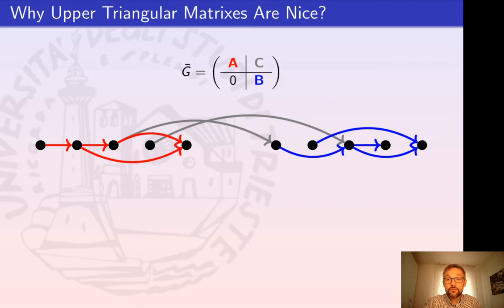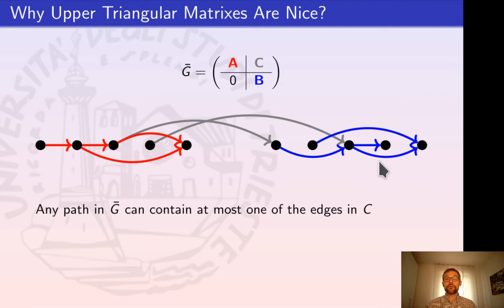Okay? Now, since the source of the edges in C belongs to the first part of the topological sort and the destination of the edges represented in C are in the last part of the topological sort, for sure any path in the graph G can contain at most one edge in C. So there's no way to move from this node back to these nodes.